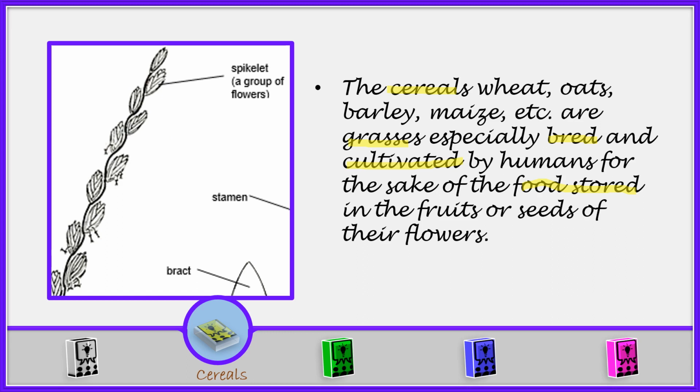So all of these are cereal plants like the grasses: maize, barley, wheat, oats. But these grasses are now bred and cultivated for their food storage.